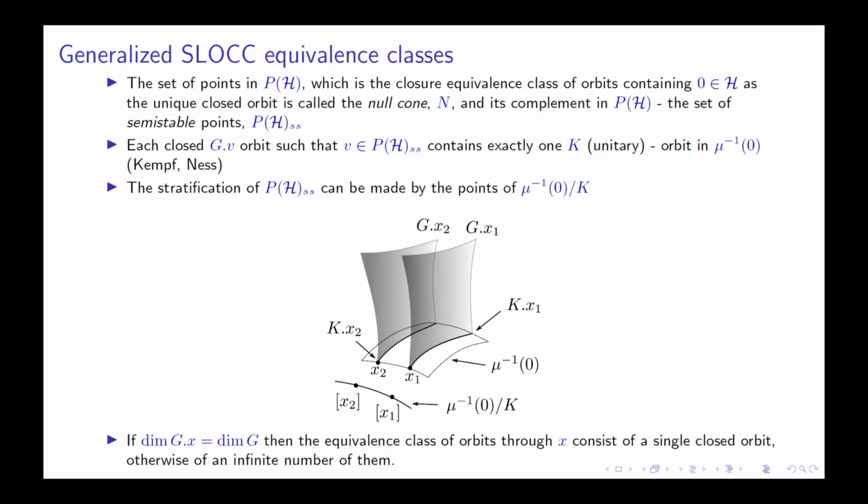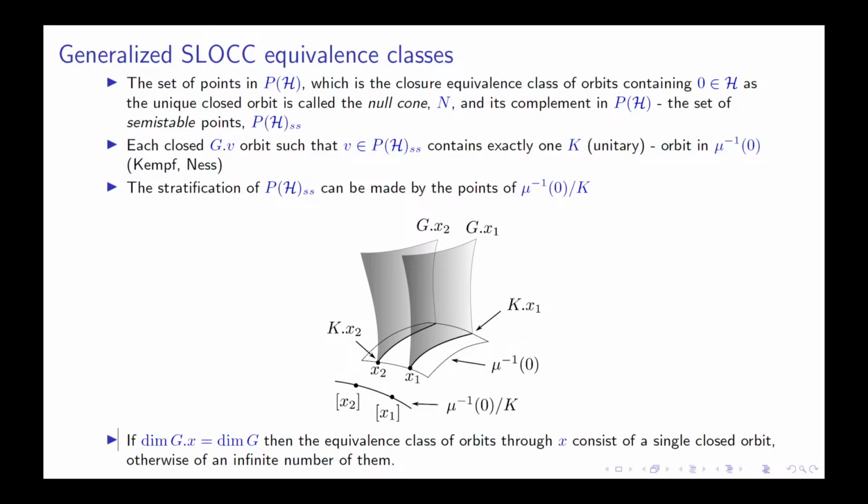In this pre-image of the moment map, the stratification of the semi-stable points can thus be done by the points of this, because you have to exclude those which are put one to another by this unitary group.